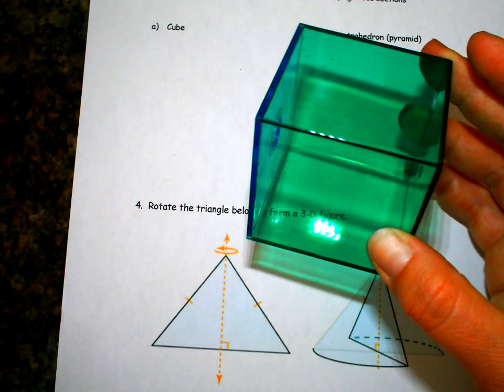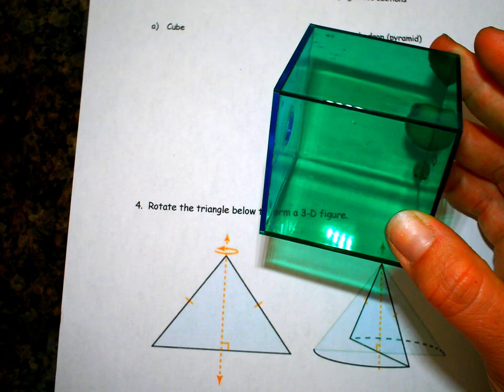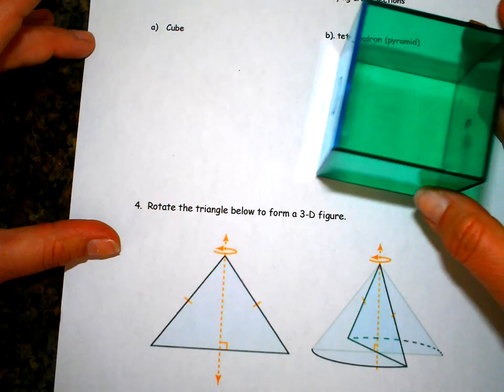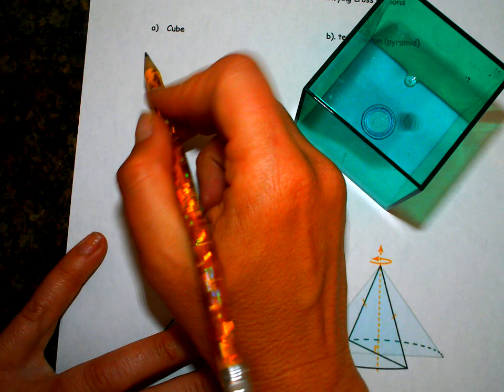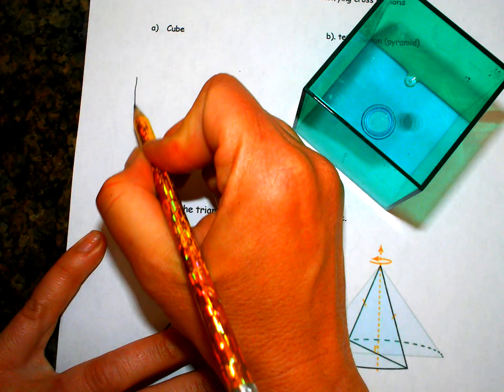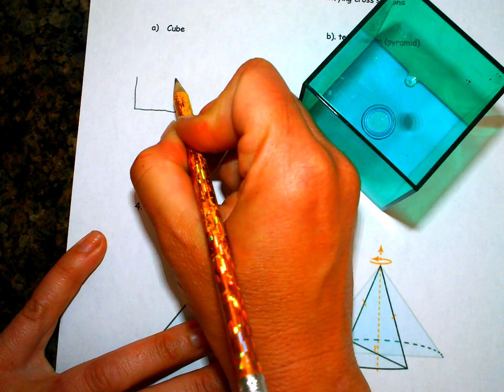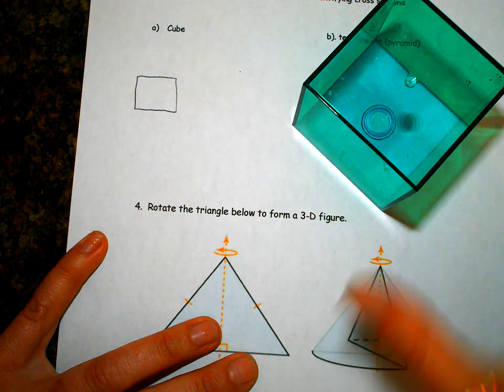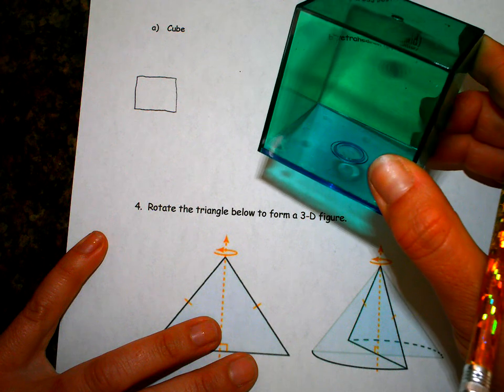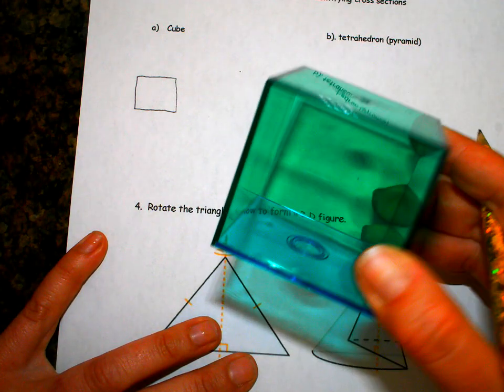So what I need to do is I'm going to draw the front square initially. Now, I told you that because I have to see the sides of it, we have to draw it so it kind of looks like this.